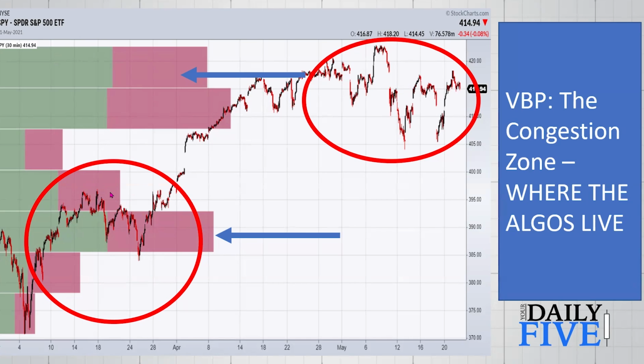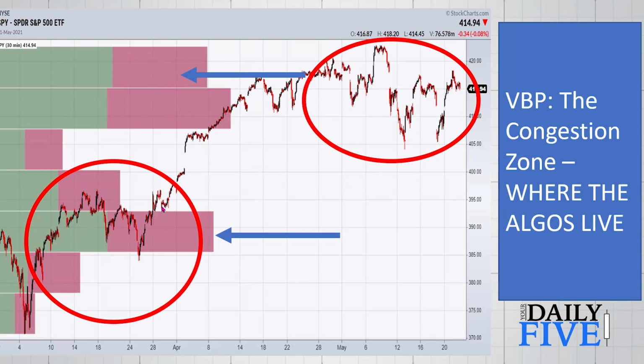But the key here is volume by price bars. The bigger the bars are, the more important that price level is, and thus the more important is what happens when the prices break out or break down after a congestion pattern.